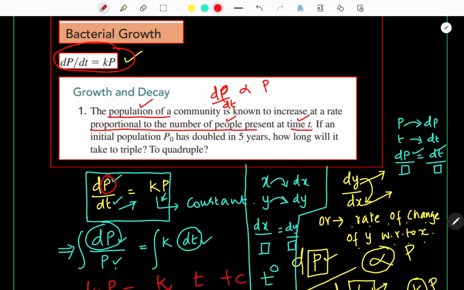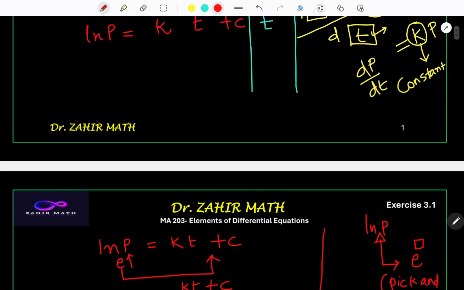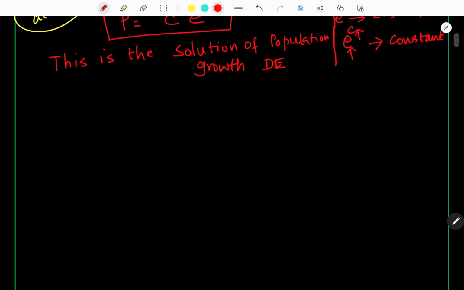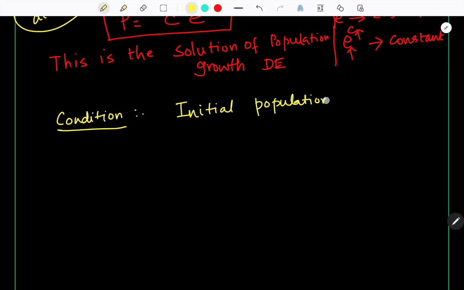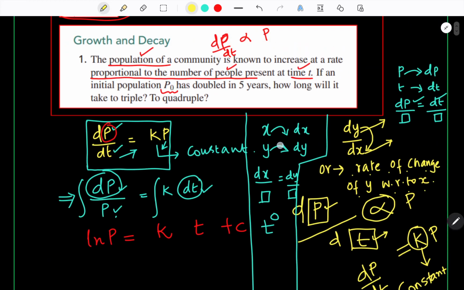This is the equation. If the initial population is p naught, so what is given? Initial population is given. Initial population is equal to p naught, which is given.